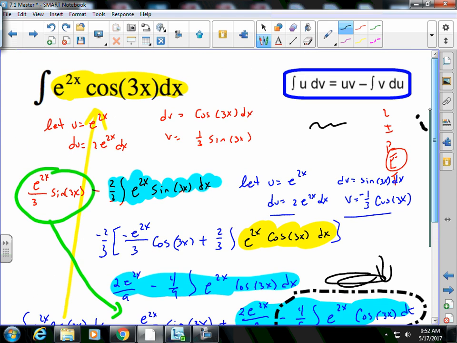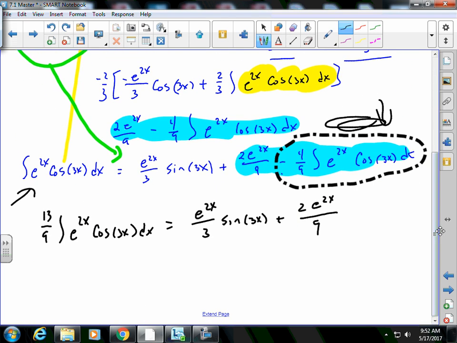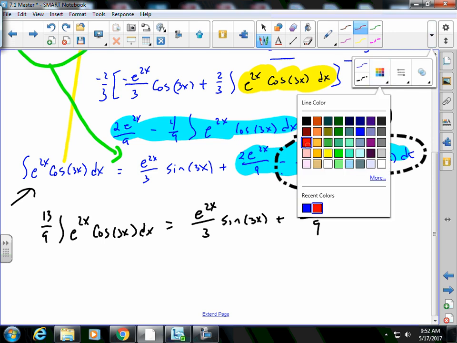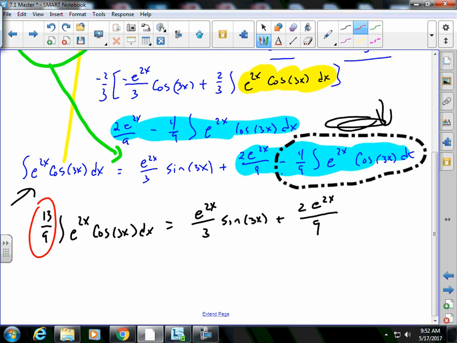I started off with the integration of e to the 2x cosine 3x. I have a 13/9 here in front. I don't want that 13/9. So I'm going to multiply everything through by the reciprocal.